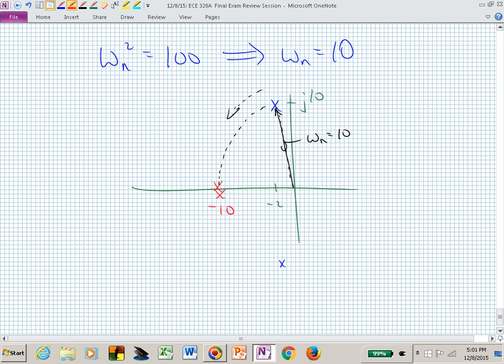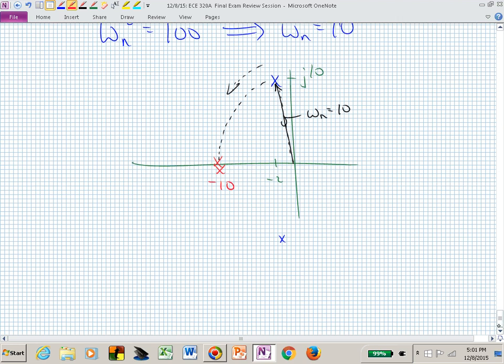That's what we're assuming. Meaning we are allowing for this S squared plus 4S plus 100 to be approximated as S plus 10, quantity squared.